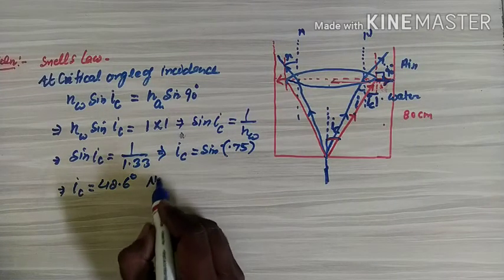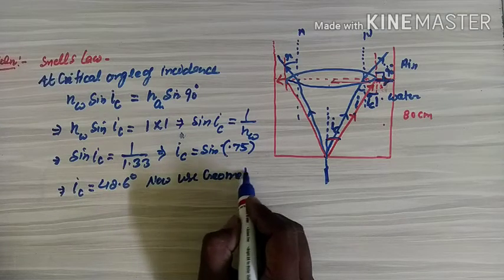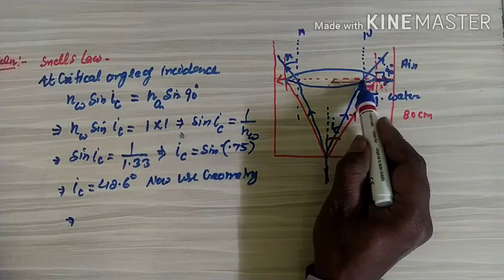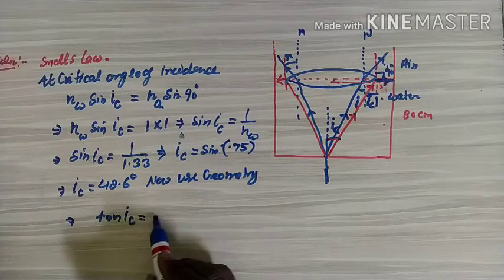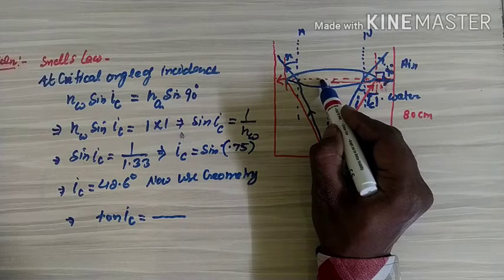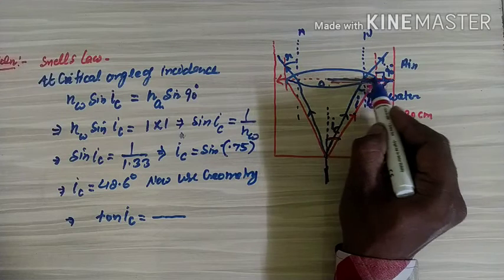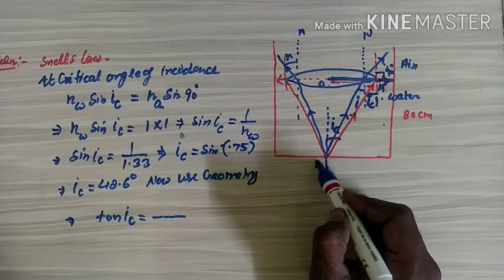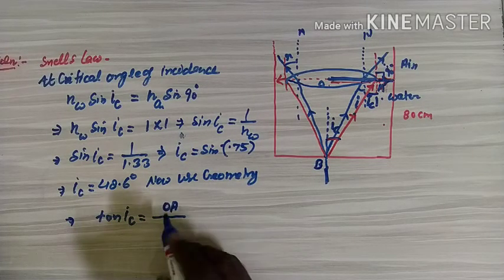Now use geometry, very simple geometry. Students, we find this, then we'll apply tan iC is equal to, let this be O and this be point A, then OA upon OB.